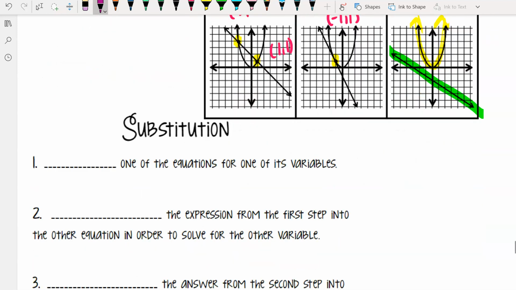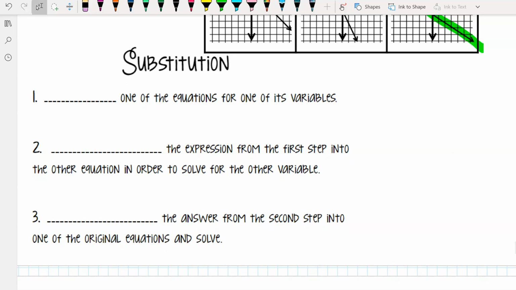Our second method is substitution. We have a few steps. The first one: solve one of the equations for one of its variables.